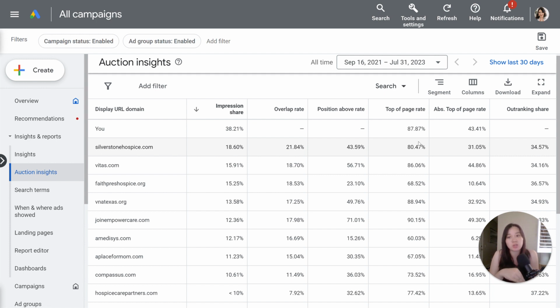So this just allows you to see we're probably spending the most in these areas within these auctions compared to our competitors. However, maybe in another area we're not, because we're doing radius targeting, we're not able to capture as much impression share as, let's say, Silverstone Hospice that's appearing behind us, because maybe this competitor is not trying to prioritize the same area or the same auctions as us.